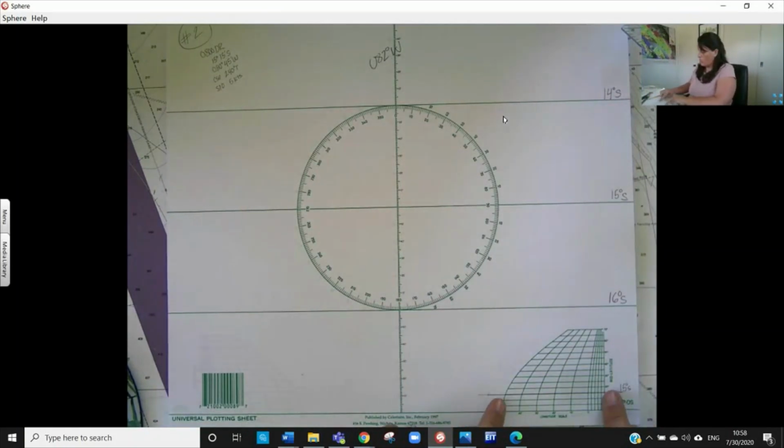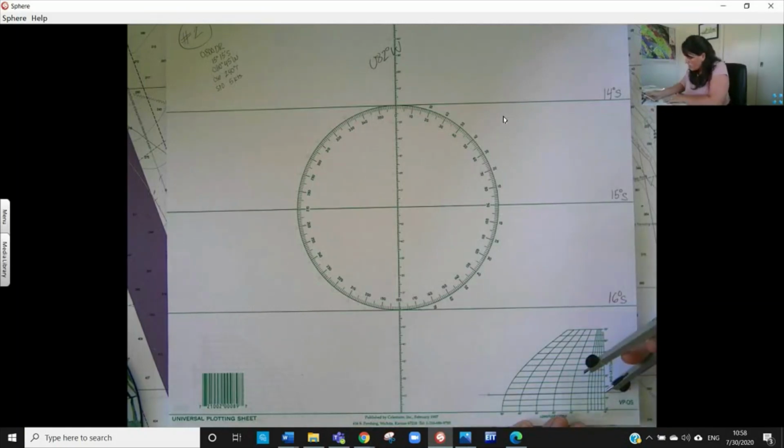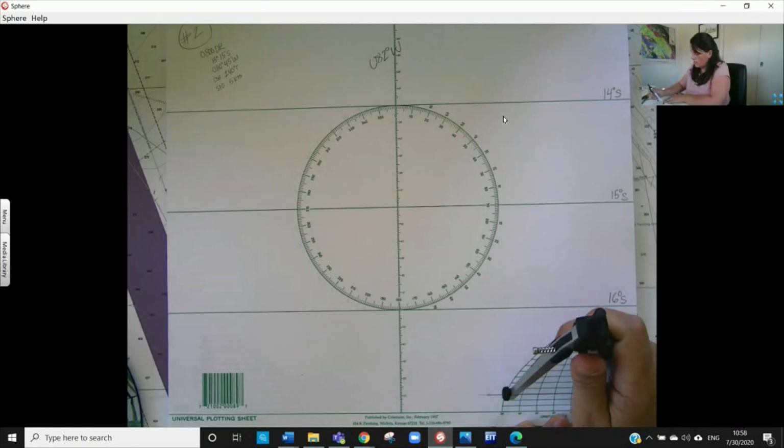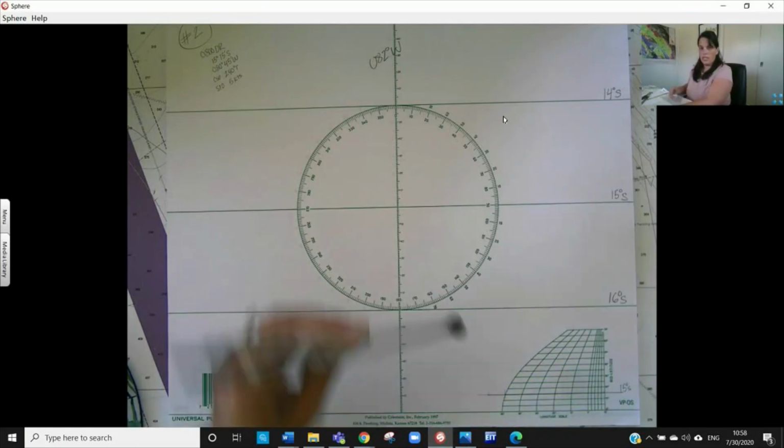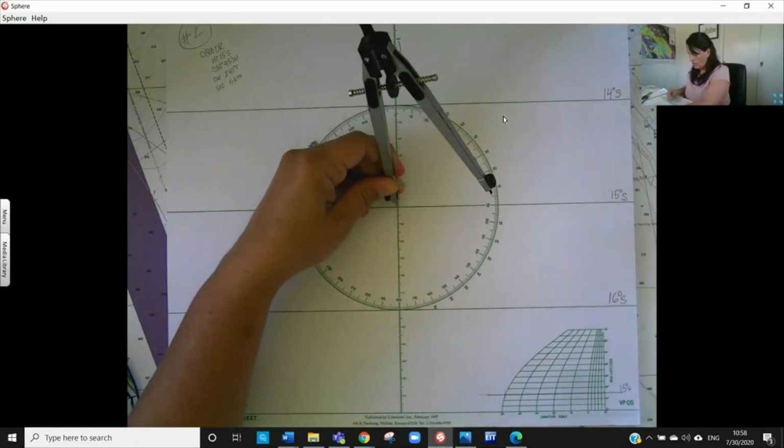So if I get the whole 60 minutes of longitude, I can draw in my longitude lines. So let's find that.